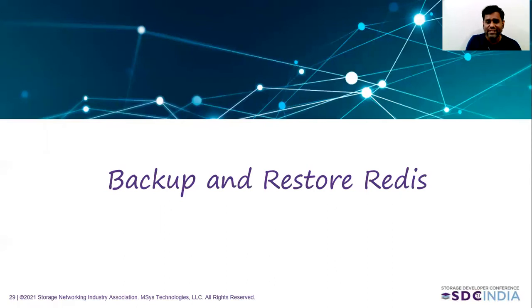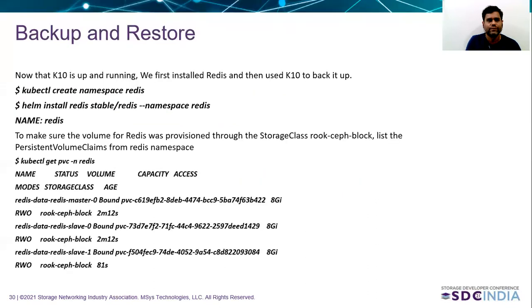Now we can see how we take the backup and restore the Redis application. As we saw, we have already started the Kubernetes platform K10, and now it is up and running. After that, we first install Redis and then use K10 to take the backup.